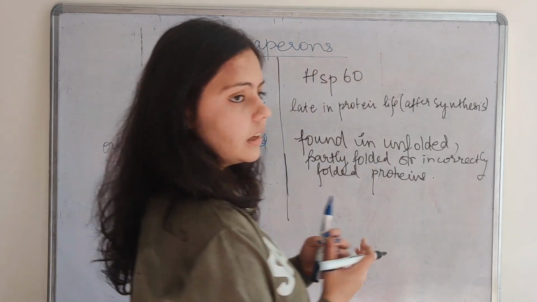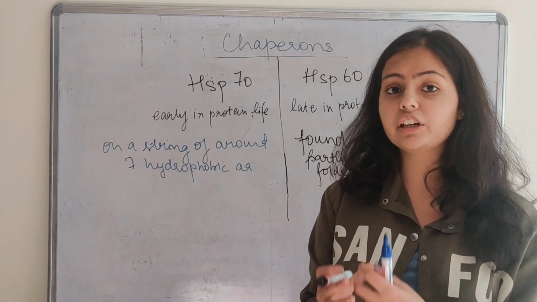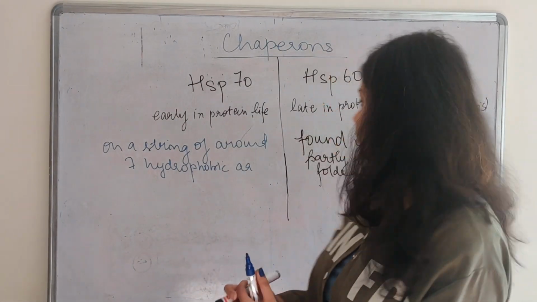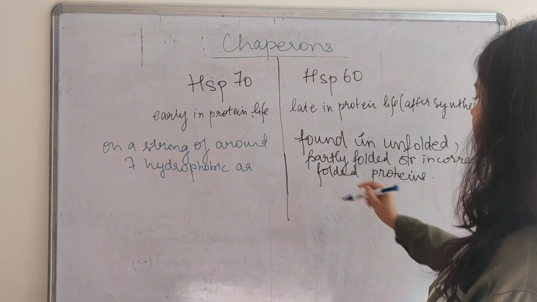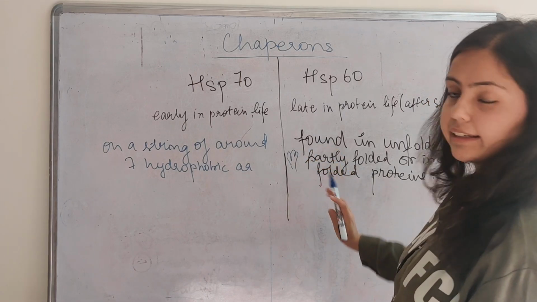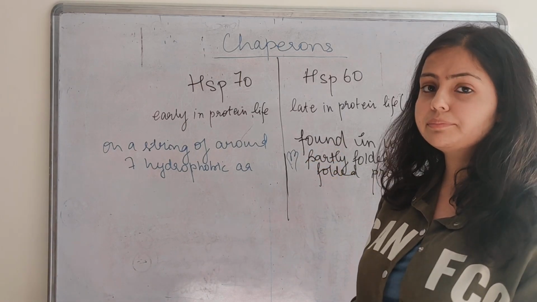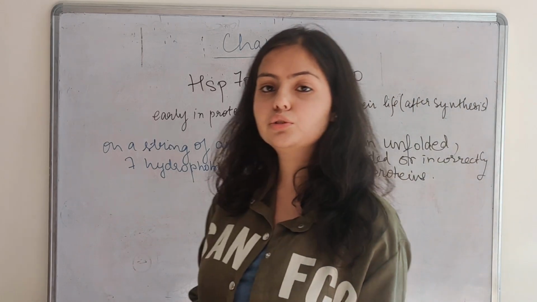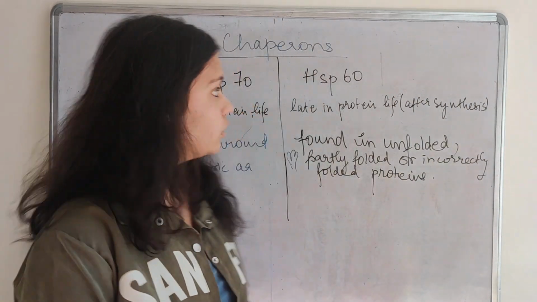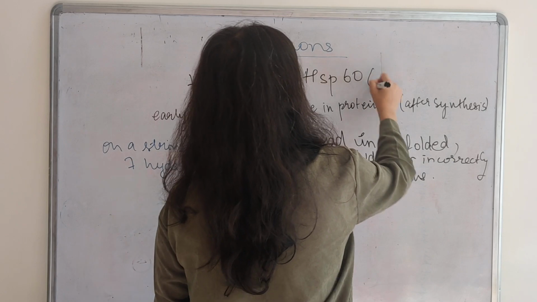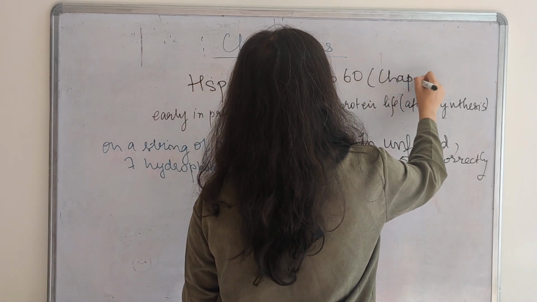When there is an unfolded, incorrectly folded or partially folded protein, that means a molten globule. I'll tell you about it again. So here heat shock protein 60 acts. Also, heat shock protein 60 are called chaperonins.